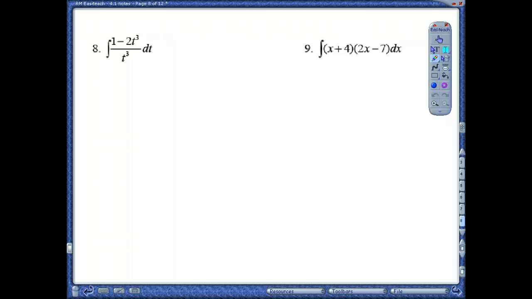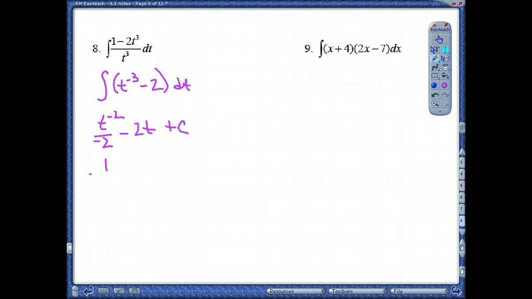So if you've got a quotient, you are going to have to divide on your own. So that's what I get when I divide on my own. Then I'm going to take my integral, so t to the negative 2 divided by negative 2 minus 2t plus c. These are called indefinite integrals.